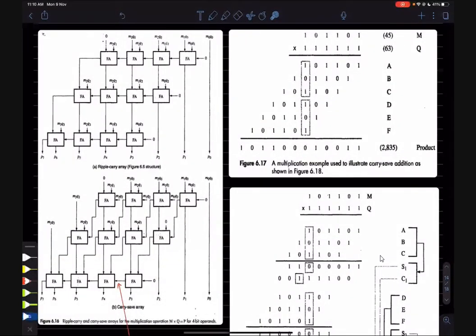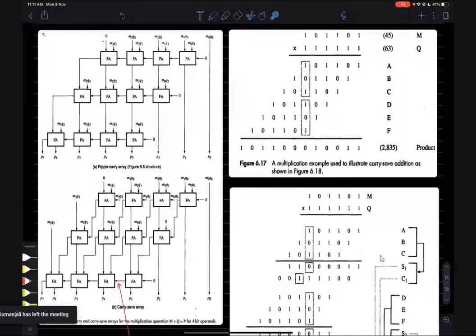So instead, we will not send the carry to the next full adder; rather, we will save it and pass it to the next row. In the previous case, this full adder gave the carry to this one, which gave to this one, which gave to this one.